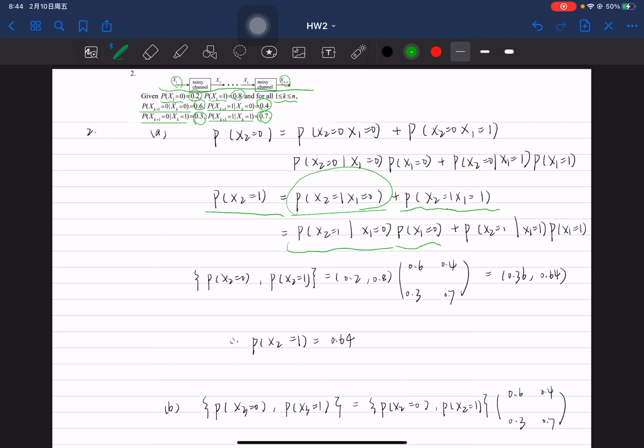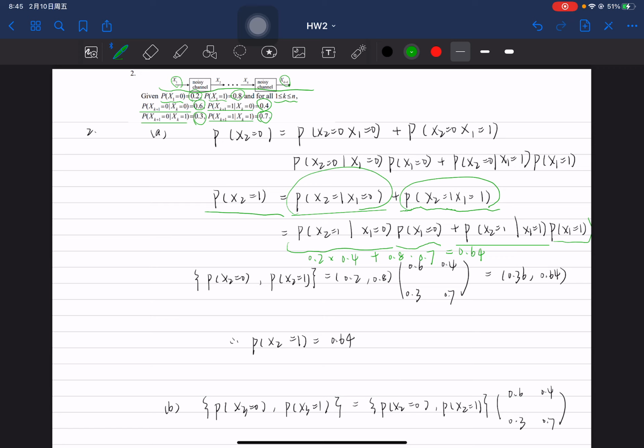The probability that x2 equals 1 and x1 equals 1 both occurred equals the conditional probability of x2 equals 1, assuming x1 equals 1, times the probability of x1 equals 1. This equals 0.2 times 0.4 plus 0.8 times 0.7, which equals 0.64.